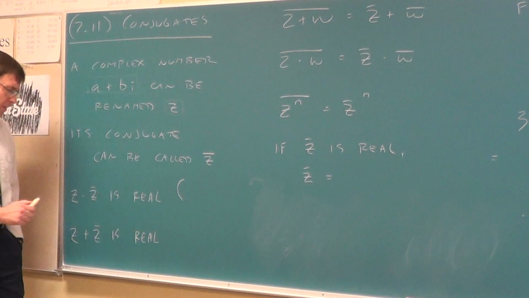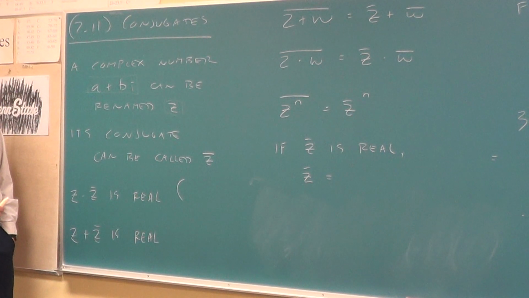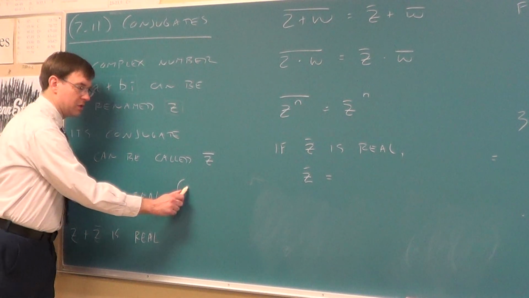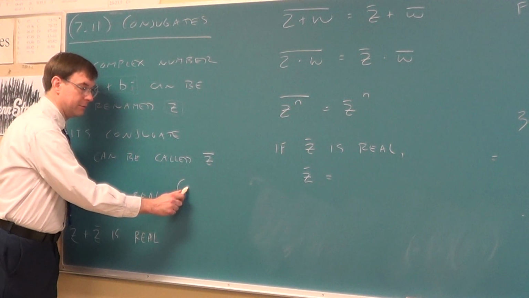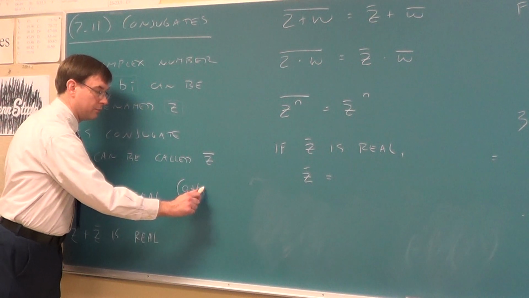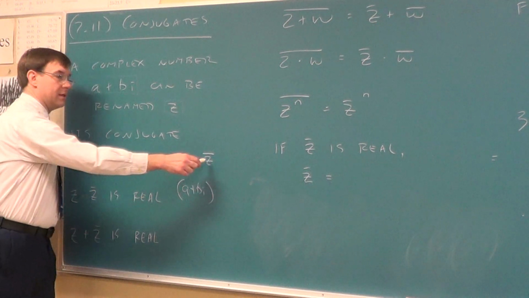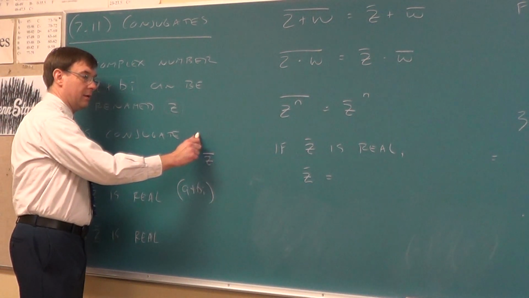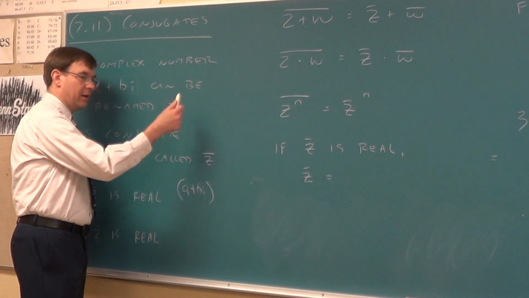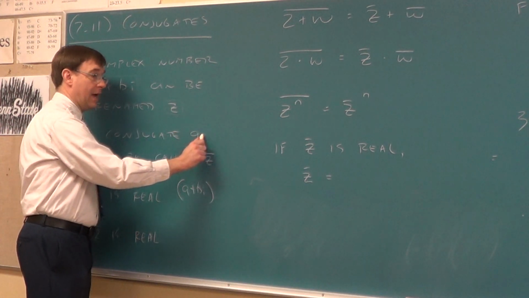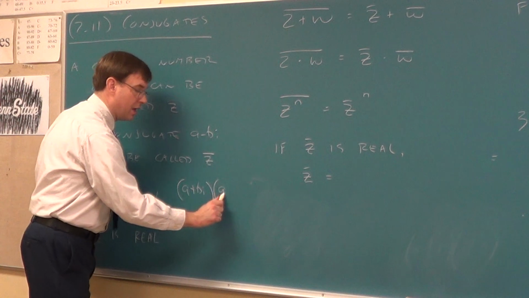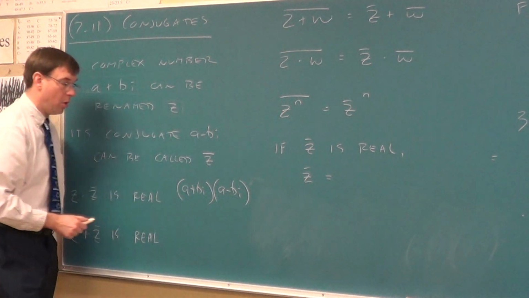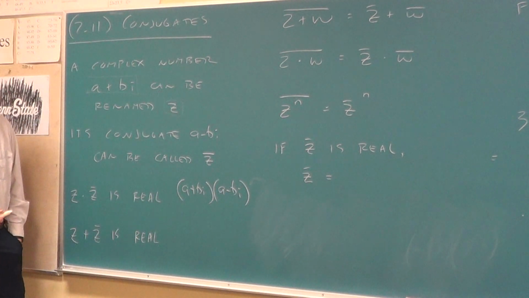What did the z represent? z is just a shortcut instead of writing a plus bi. The conjugate, the z with the little hat on it, what does that represent in the bigger world? a minus bi. If we take two things like that and multiply them, how does that turn up a real number?